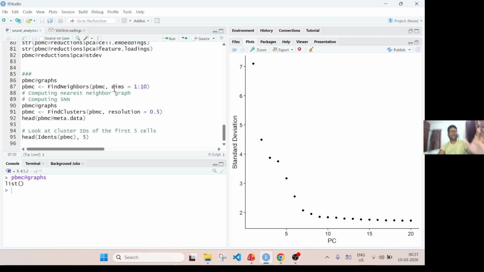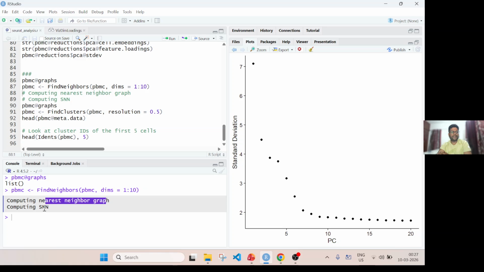Here you can see you calculated 50 principal components, but for the clustering you can choose how many to use, because the more information you add, the more noise you are actually adding. So let's go with 10 because that's what we see here, and we run the neighbors. It will first calculate the KNN based graph and then the SNN.